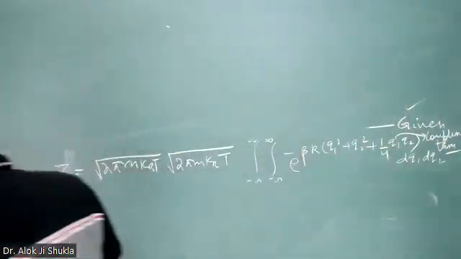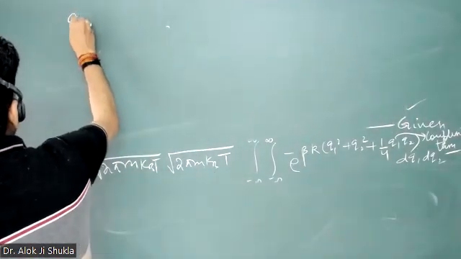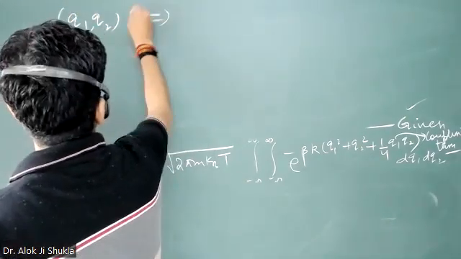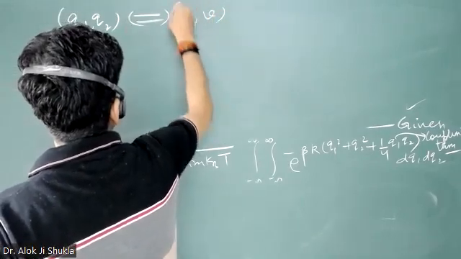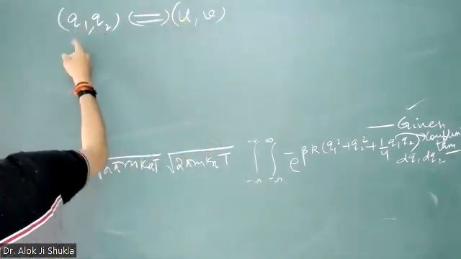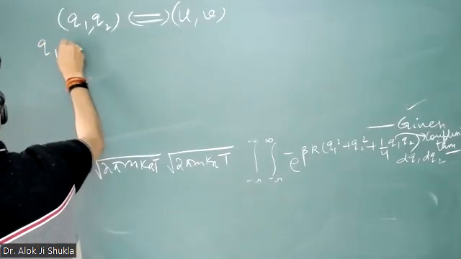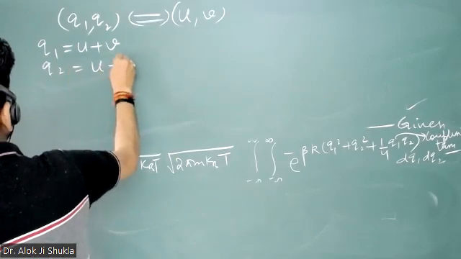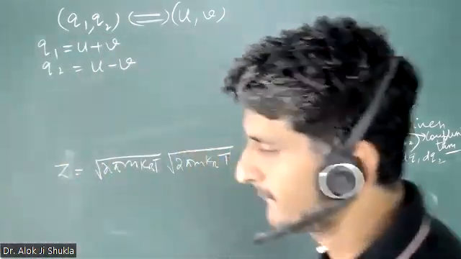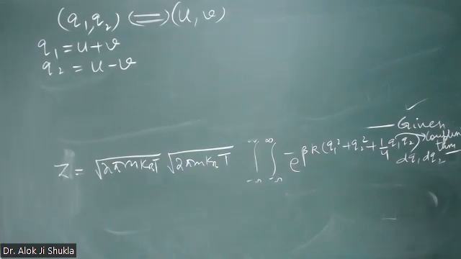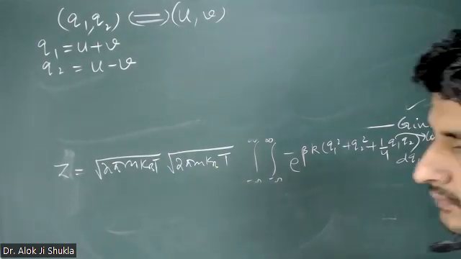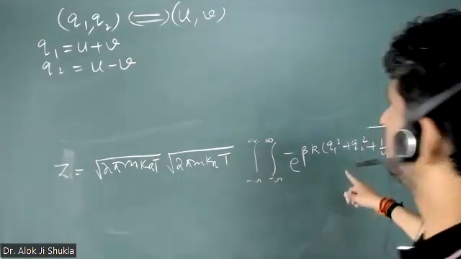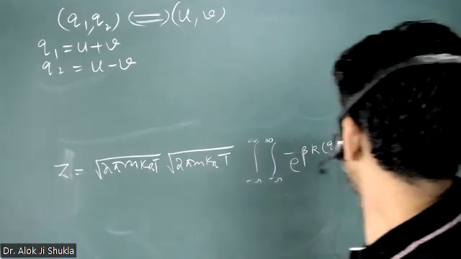I will transform q1 comma q2 into a space u comma v, and here q1 I will put u plus v and q2 I will put u minus v. So check what this will become.